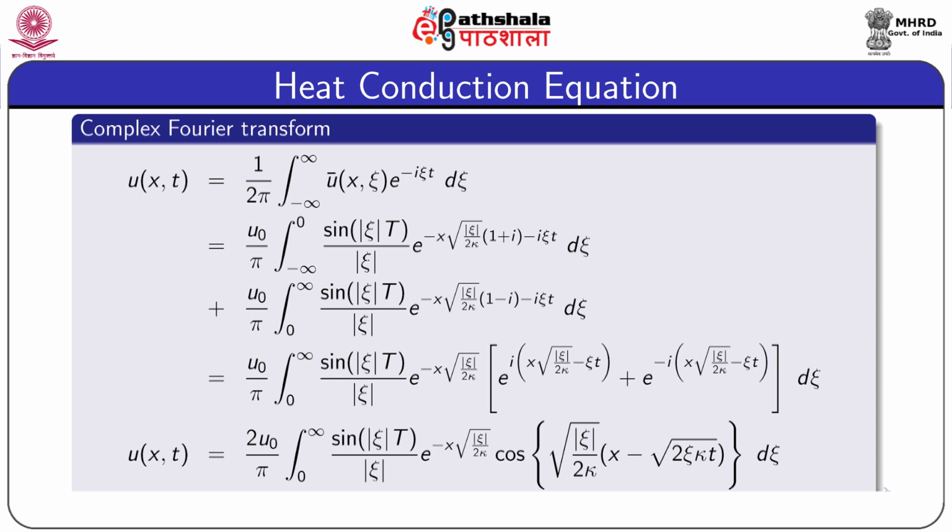In these two intervals, we substitute the values of ū, and we obtain u as u₀/π integration 0 to infinity sin(|ξ|t)/|ξ| e^(−x√(|ξ|/2κ)) times [e^(i(x√(|ξ|/2κ) − ξt)) + e^(−i(x√(|ξ|/2κ) − ξt))], and this can be simplified to a cosine function.